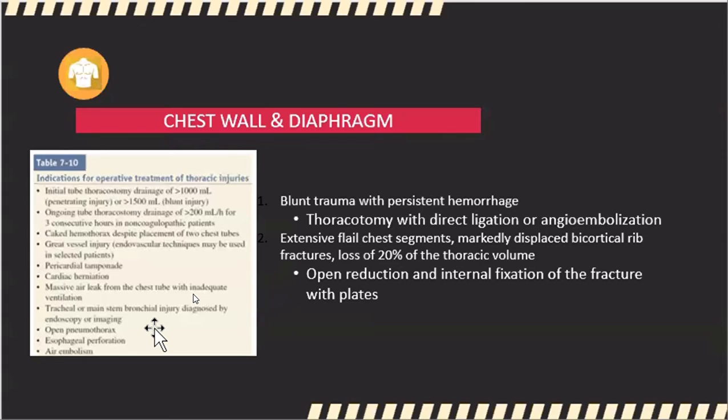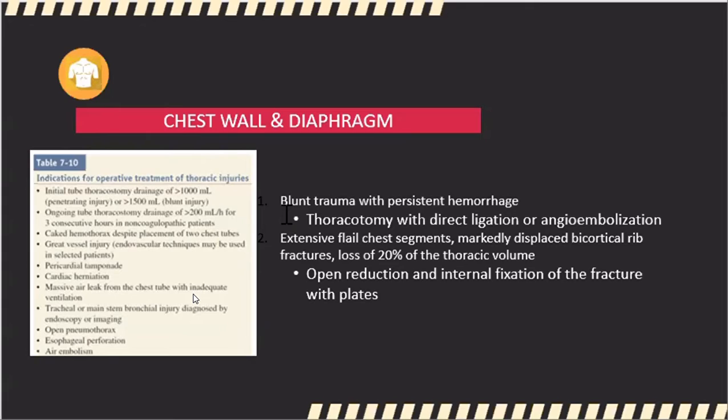So these are the indications for operative treatment of thoracic injuries. This is what I mentioned earlier. In Schwartz, they divide it: you must do open thoracotomy if your initial drain is 1,000 ml for penetrating or 1,500 ml for blunt.